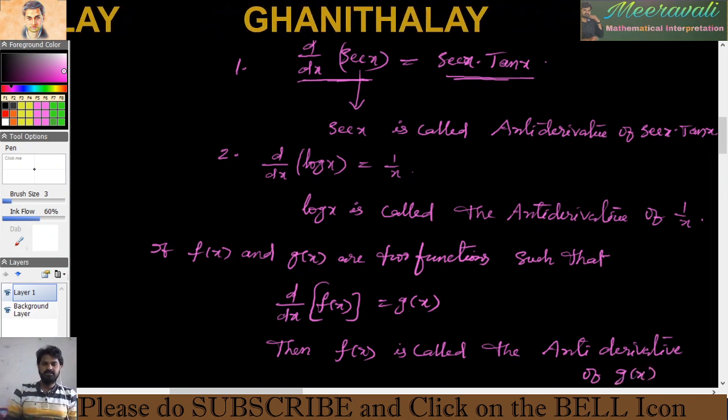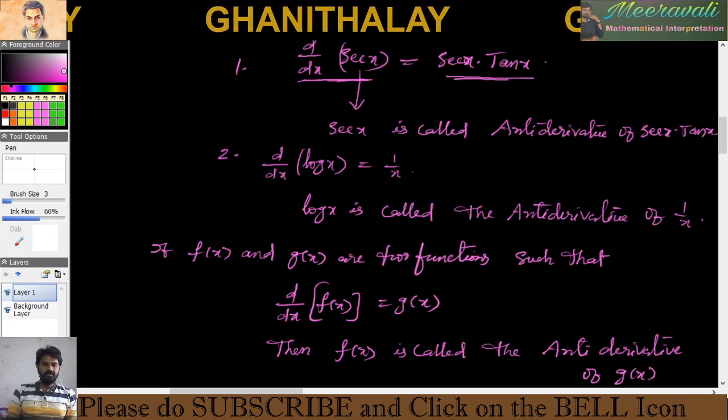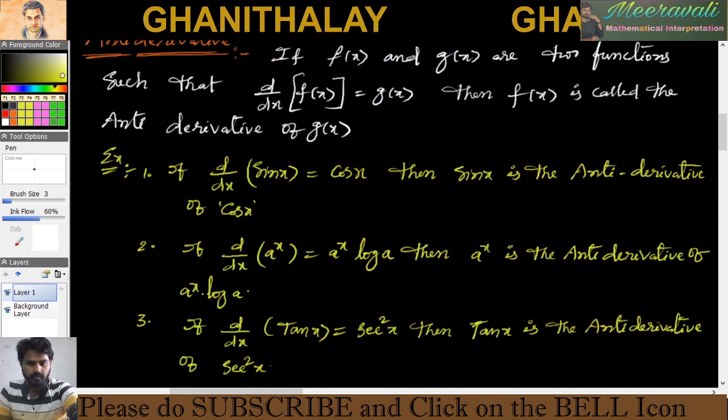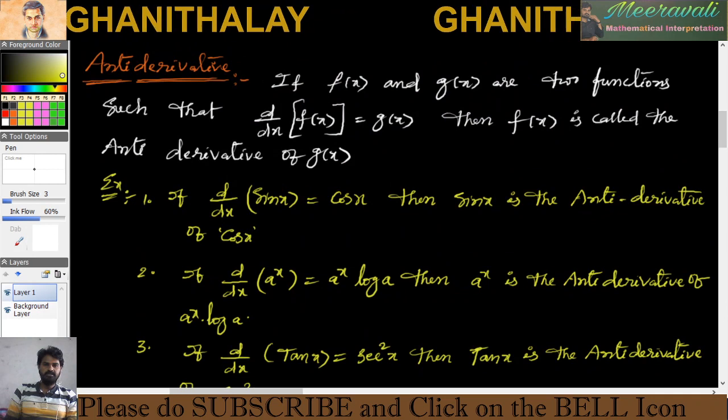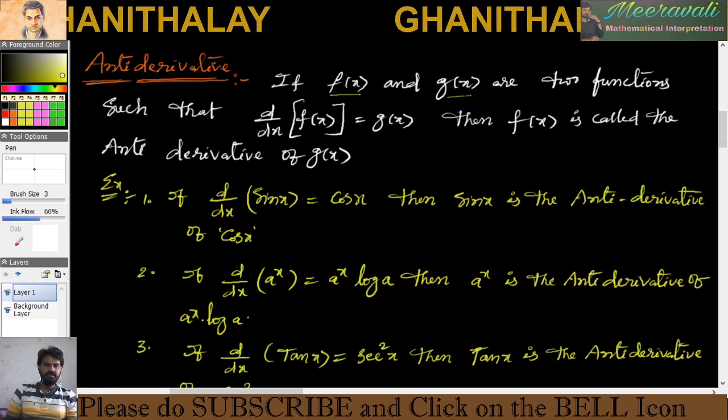Okay, so this is the antiderivative property. This is the definition of the antiderivative. Let us take two functions f of x and g of x.